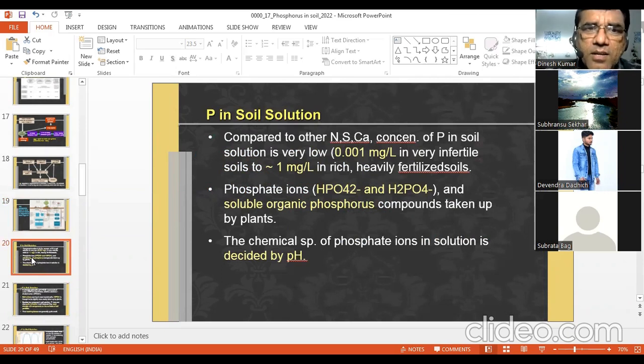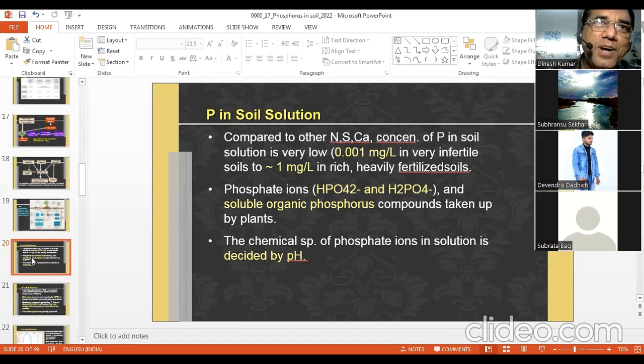Let us start with phosphorus in soil solution, meaning available phosphorus. Compared to nitrogen, sulfur, calcium, the concentration of phosphorus in soil solution is very low. At one particular point of time, out of 100 units of phosphorus, only 0.5% is available phosphorus in soil solution.